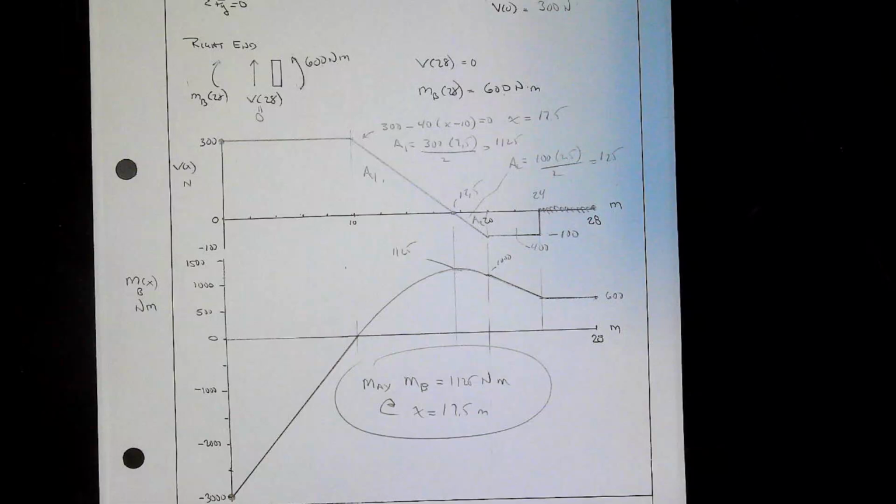Now we're going to go through and walk the beam. So if we look from a force point of view, I've started here. I have 10 meters of nothing. So we're at 300. And there we go. So we have the 300 in. Then we hit our distributed load, and we're going to drop 400 over 10 meters. So 300 minus 400 to take us to minus 100.